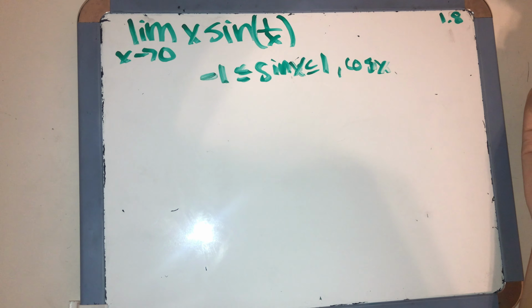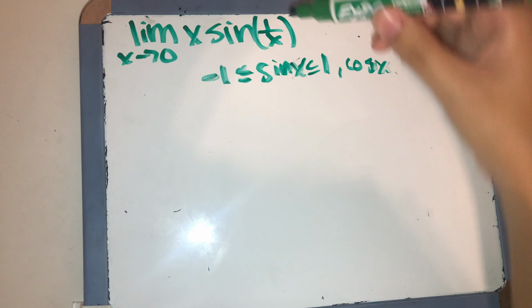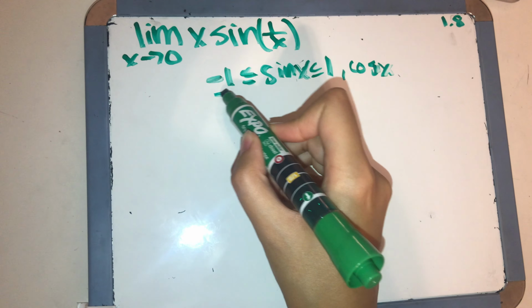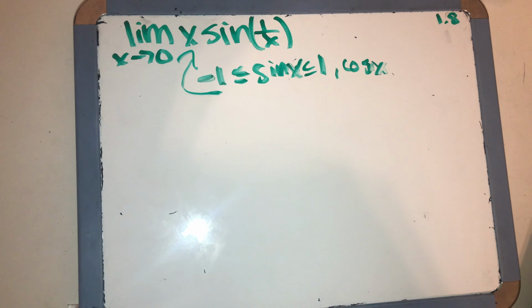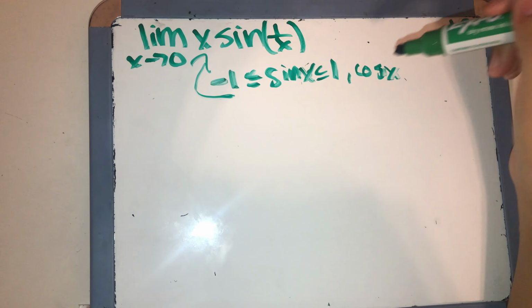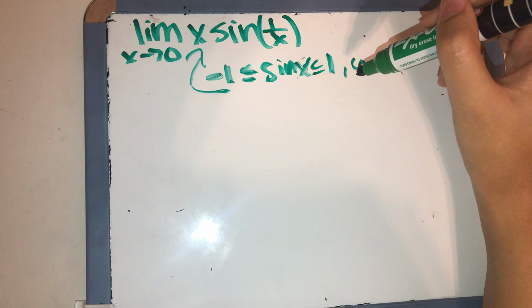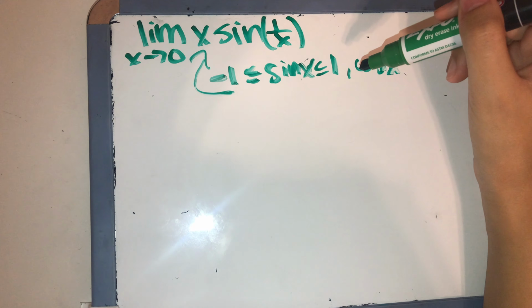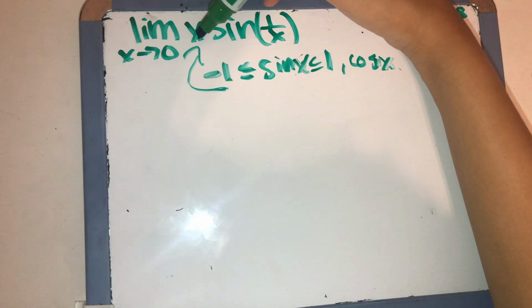Now we have to multiply -1 and 1 by x, because we have x right here. Generally -1 and 1 basically become the limit of x times sine of 1 over x, and 1 over x is beside the trigonometric function.